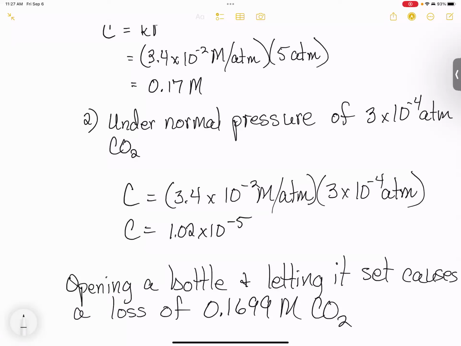In other words, almost all of the CO2 is lost because it is under a much lower pressure.